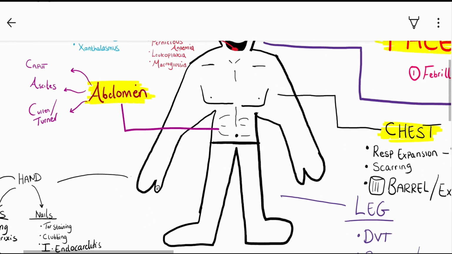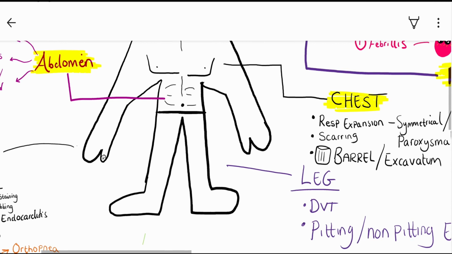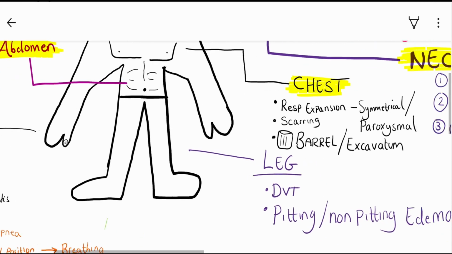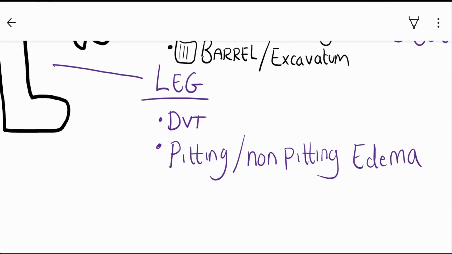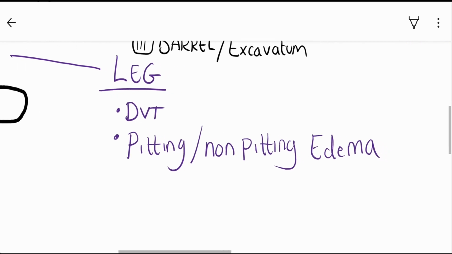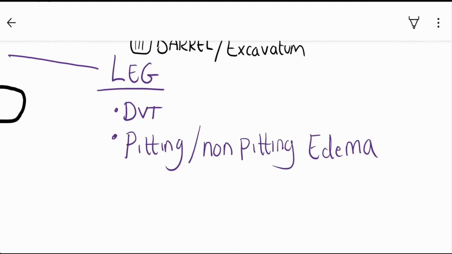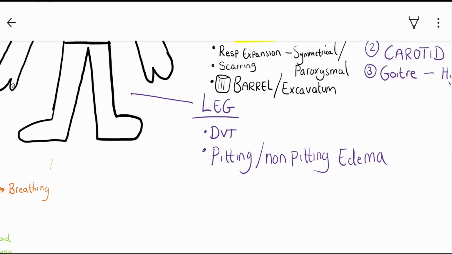Okay, now let's move down towards the legs. Could you see some varicose veins? Varicose veins are likely to be seen, or DVT. A good place to actually test if you have pitting and non-pitting edema would be on the shin or the ankle, the medial malleolus.